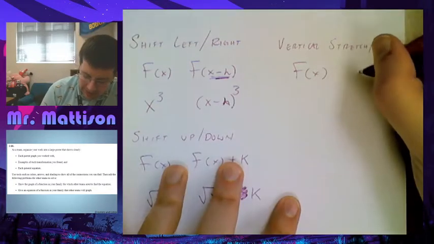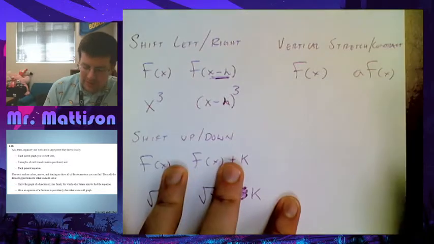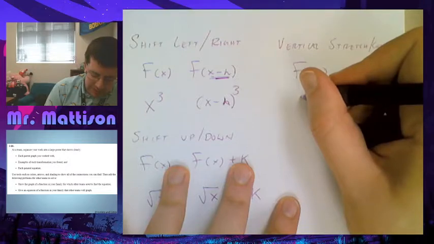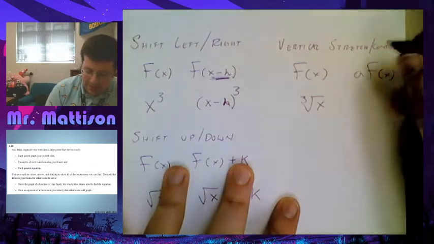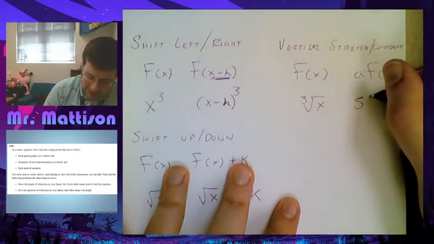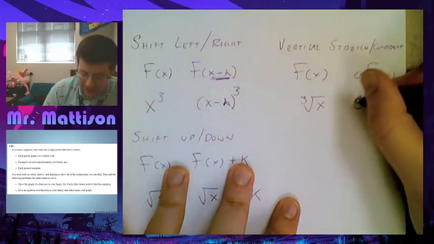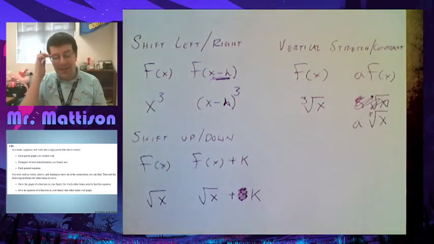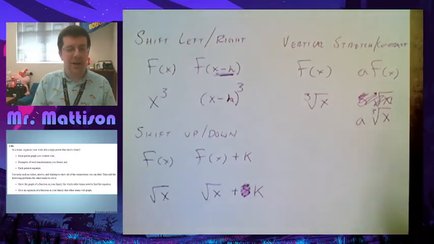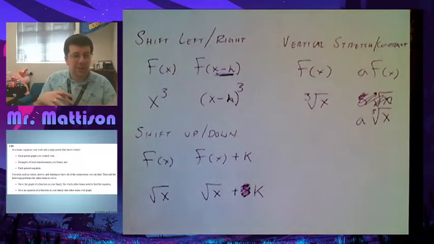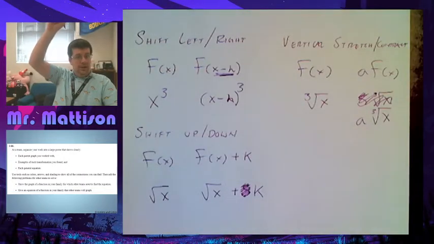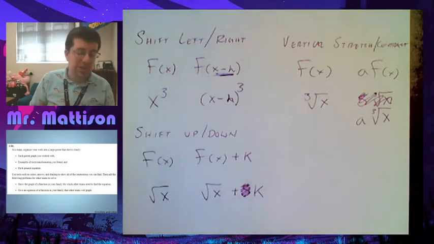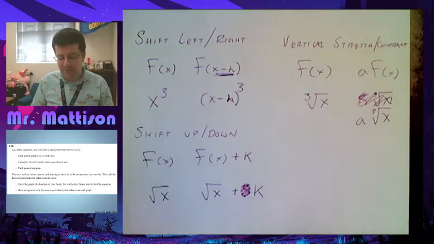So if I did a times f of x, say a times the cubed root of x, I'm trying to not do specific examples here. Anything that I multiply on the outside of it causes a stretch or a contraction. It'll be a stretch if it's bigger than 1. It'll be a reduction or a contraction if it's less than 1, meaning a number between 0 and 1, not negatives. So that's how I get those.